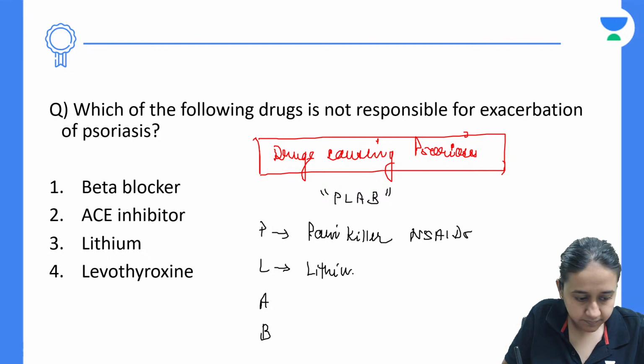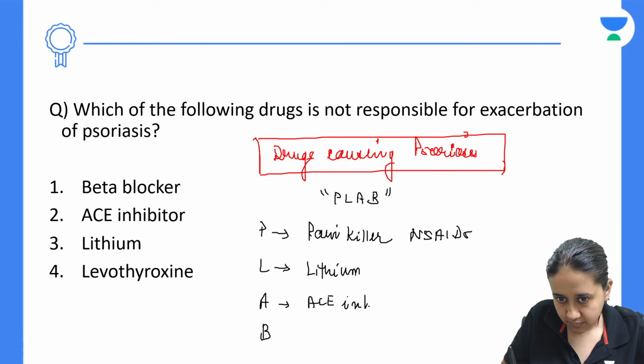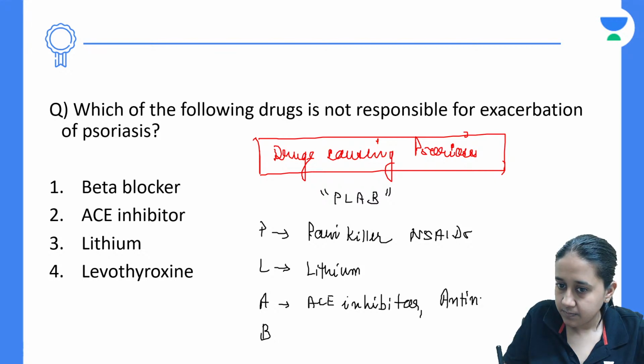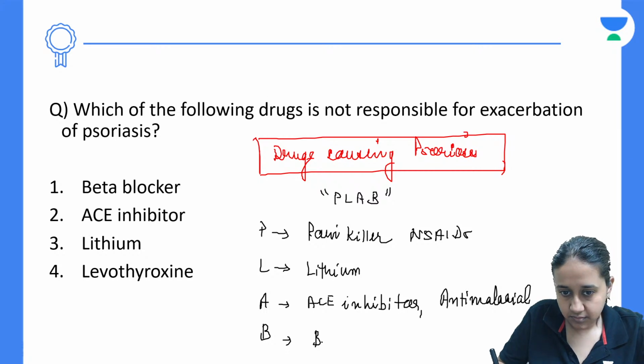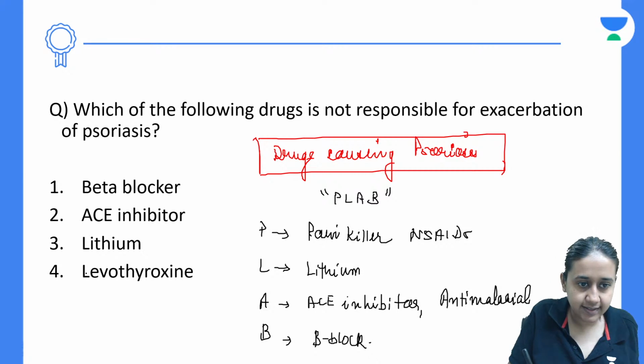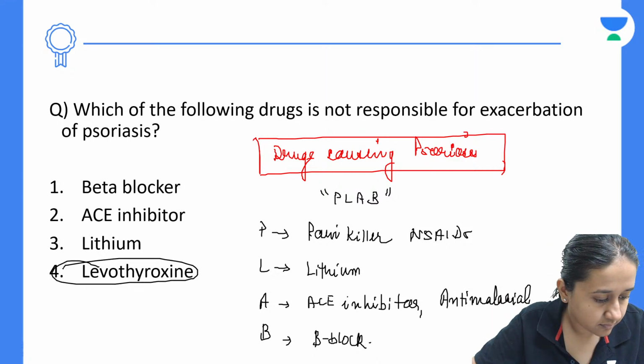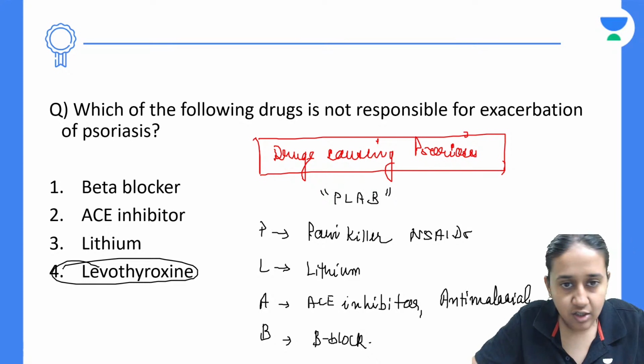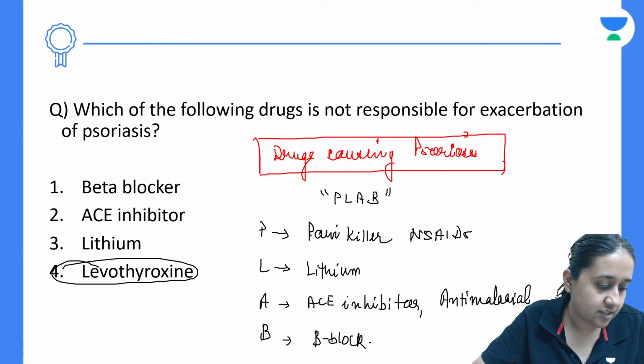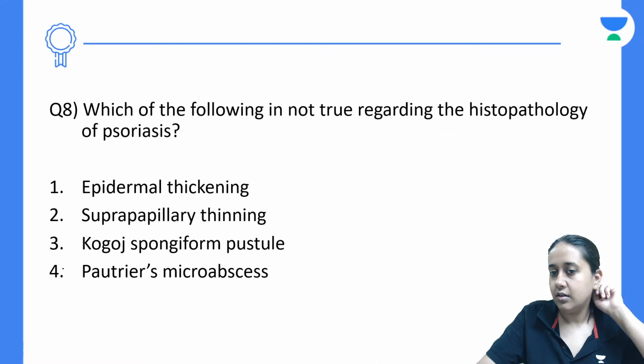Lithium, ACE inhibitors or anti-malarials, and the last is beta blockers. So all are the cause except for option number 4. So which of the following drugs is not responsible for exacerbation of psoriasis? The answer becomes option number 4. Next.